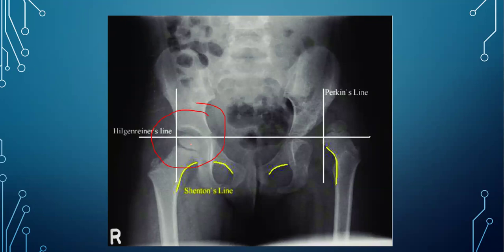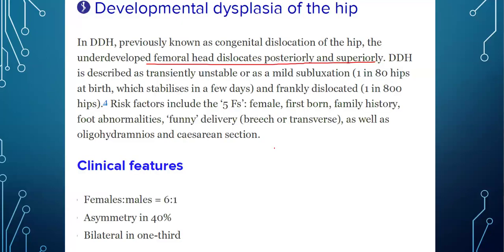This is the femur and it's the head of the femur. It's well located in the pelvis, so that's normal. But if you look on this side, you can see that definitely the femoral head is dislocated. When the femoral head is dislocated like that, that is what we call developmental dysplasia of the hip.